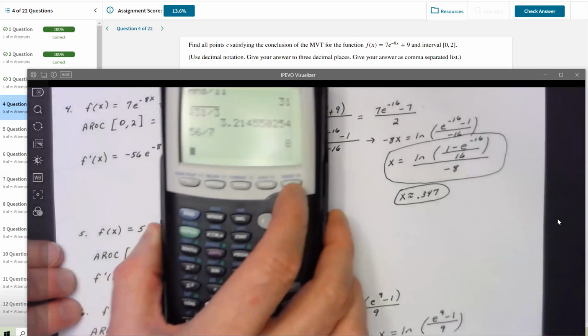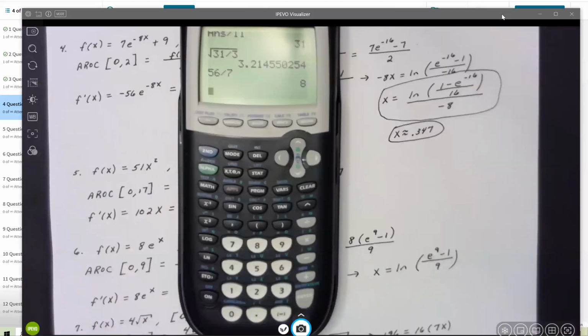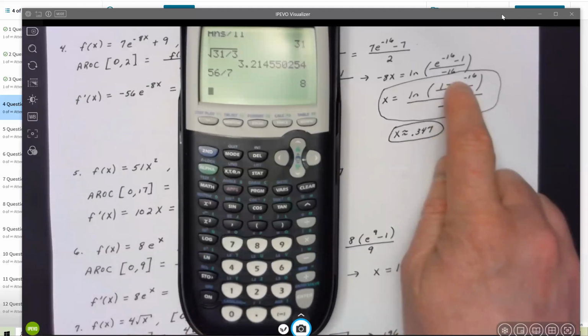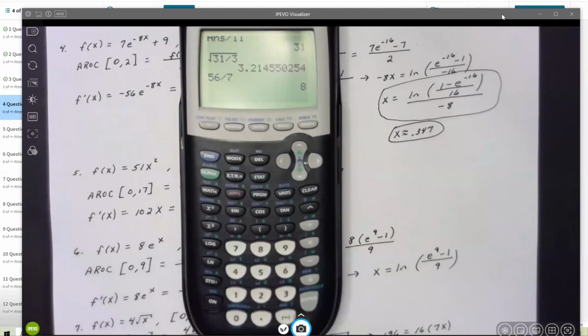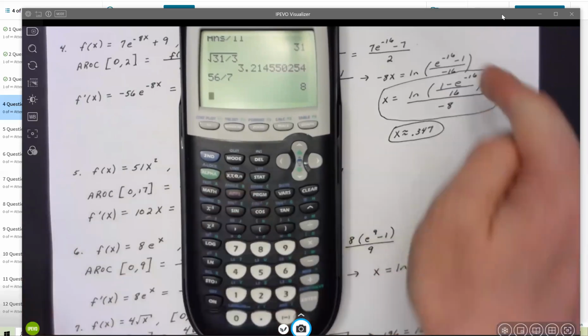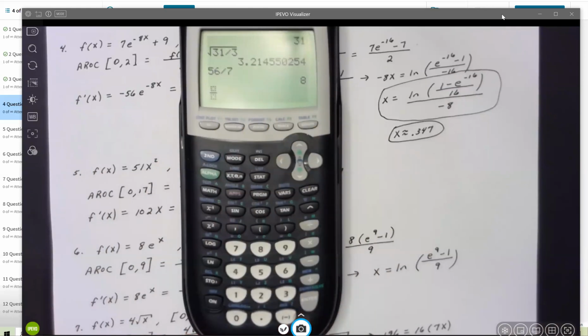Now, the way that you would evaluate that on your calculator is you need to enter in this expression, and I could see some people messing up on it, so let me do it step by step. We know the whole problem's a fraction, so I'll do alpha y equals fraction.